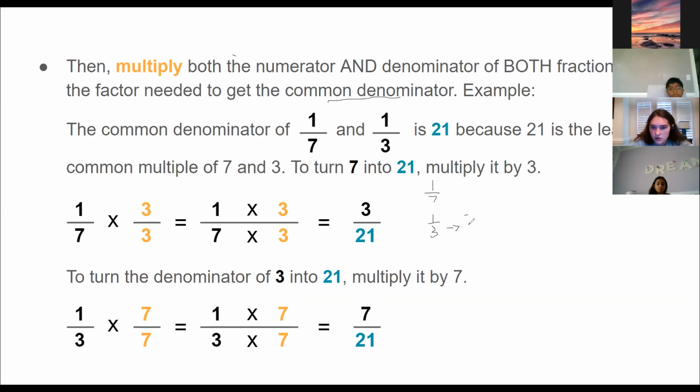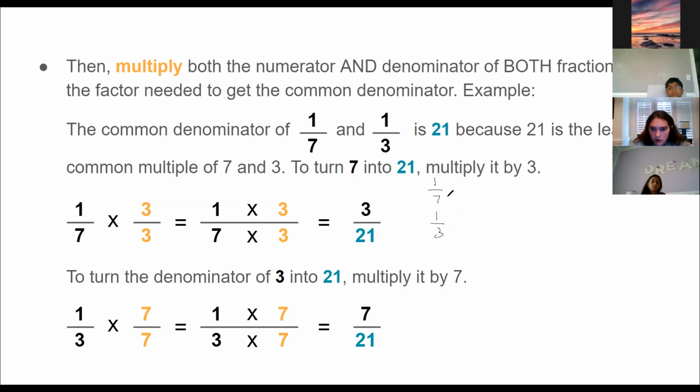I think what they're trying to say is we need to find a denominator that is a multiple of 3 and 7.